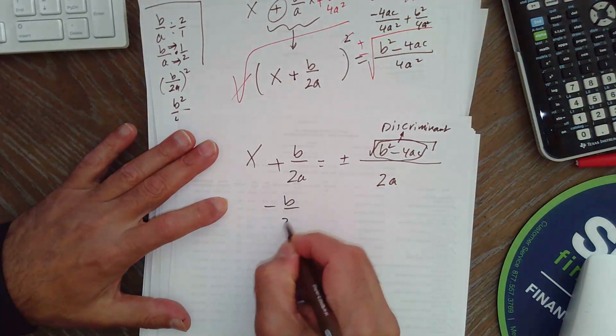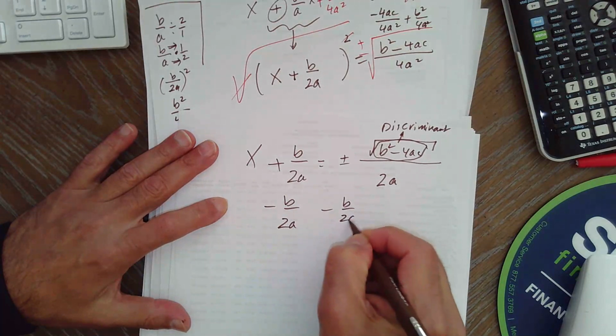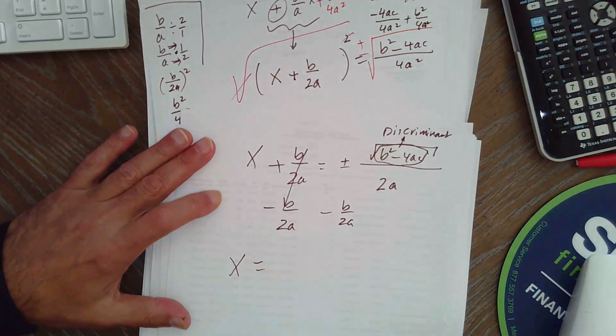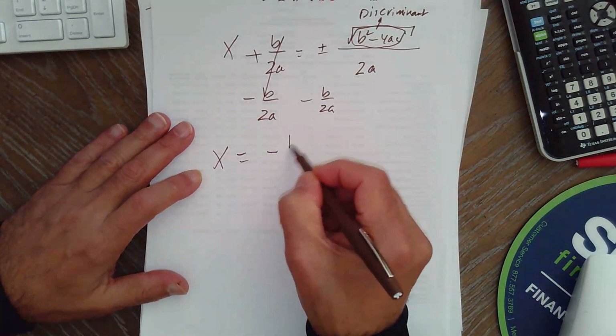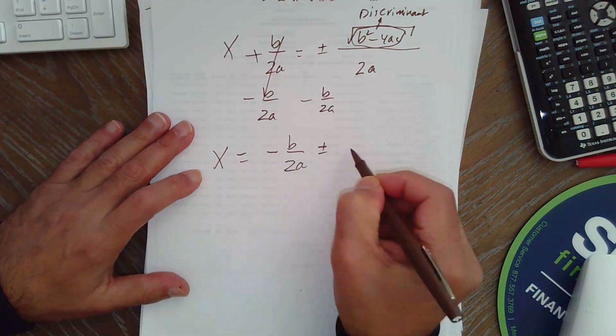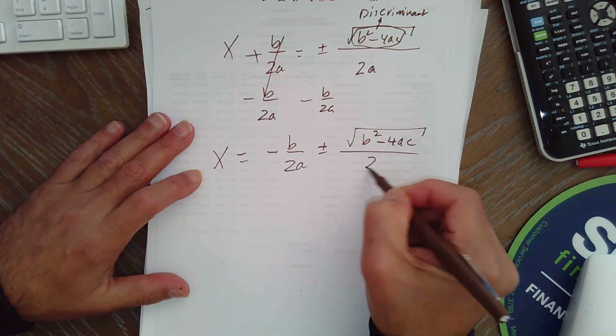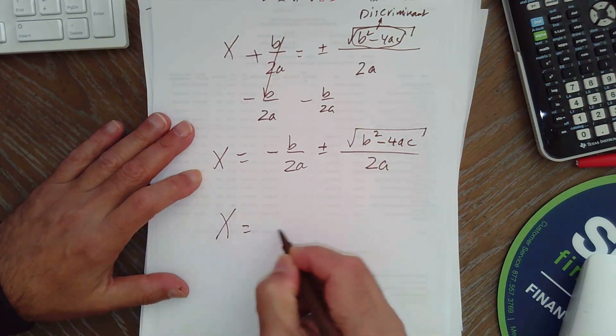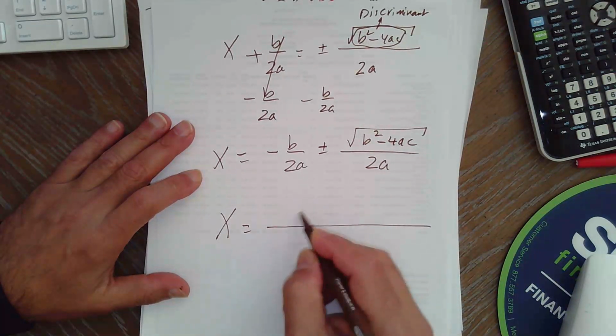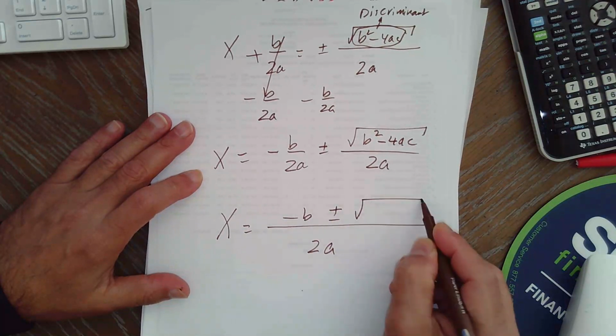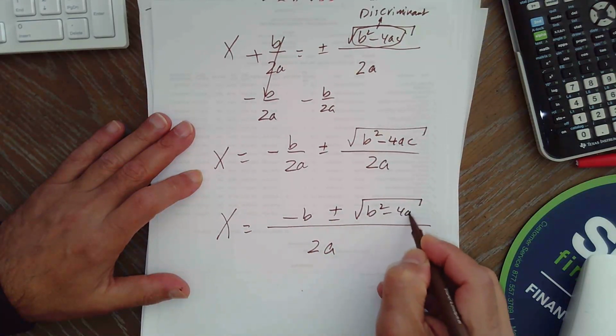So subtract b over 2a to isolate x. X equals negative b over 2a plus or minus square root of the discriminant b squared minus 4ac over 2a, which we can write as one fraction because we have the same denominator, and this is what we call the quadratic formula.